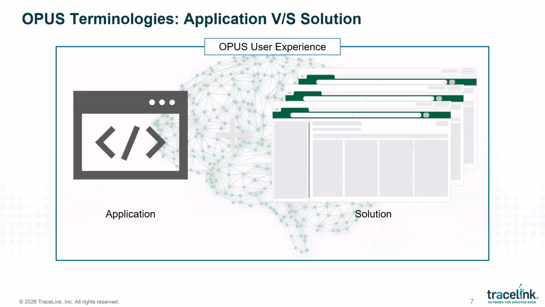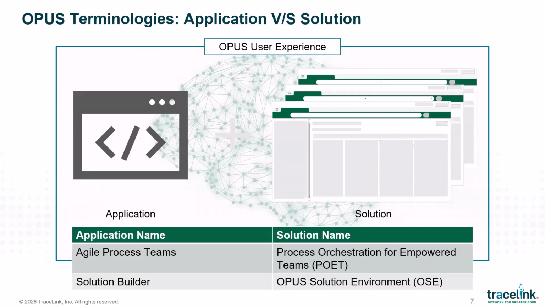What this means is you can configure the UI for your users while the programming that controls the application remains the same. For example, Agile Process Teams is an application of process orchestration for empowered teams, POET, i.e. the POET solution. Likewise, for OSE, also Solution Builder is an application, and OPUS Solution Environment, or OSE, is a solution.